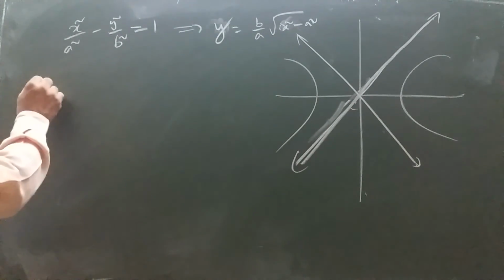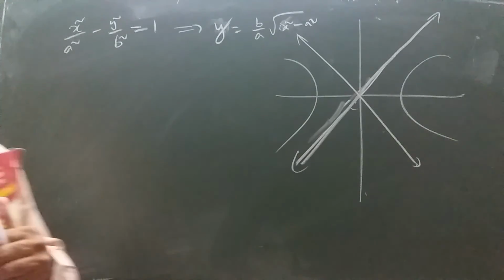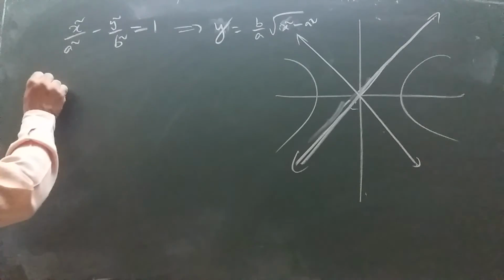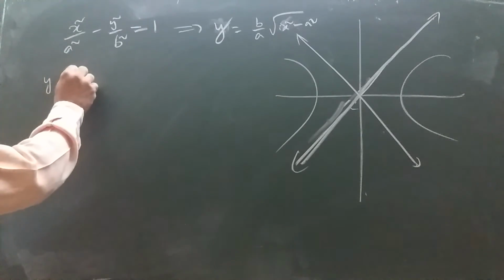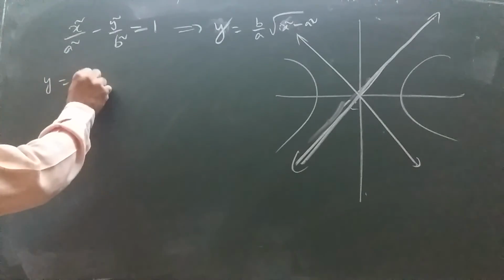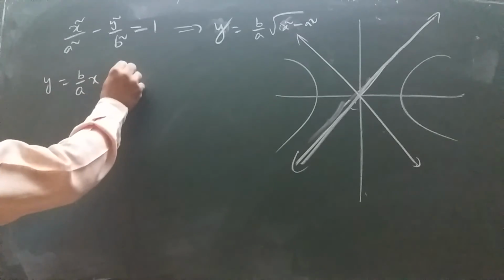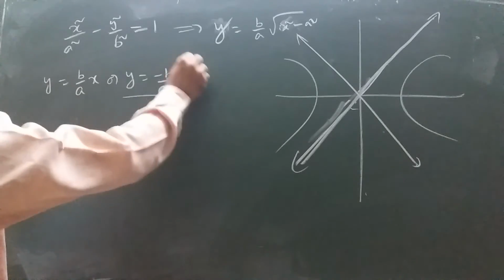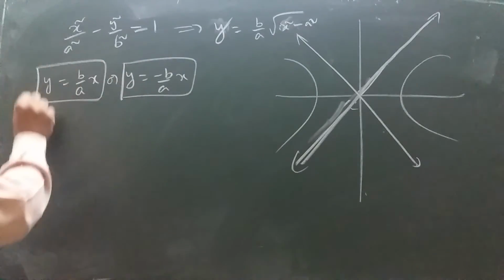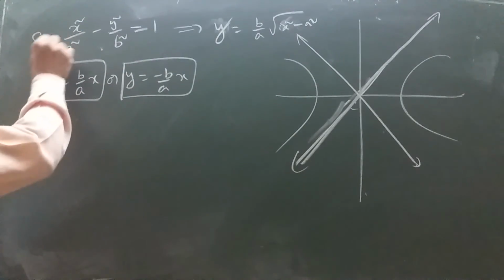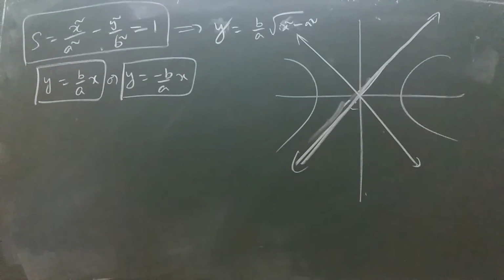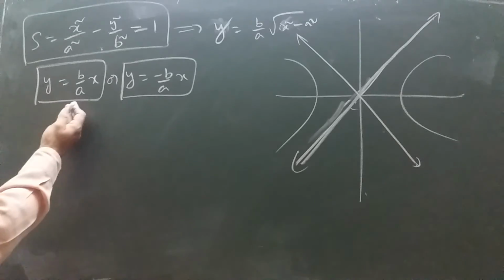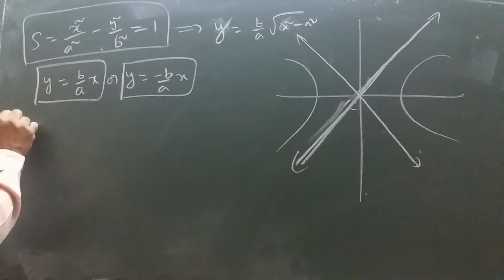I am not going in depth in this particular concept. Y is equal to b by a x or y is equal to minus b by a x. These two are the asymptotes of this curve S is equal to 0.